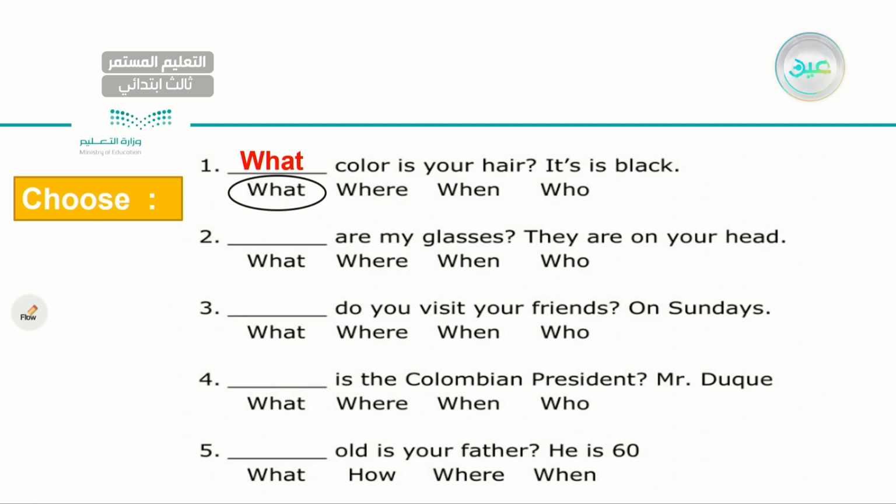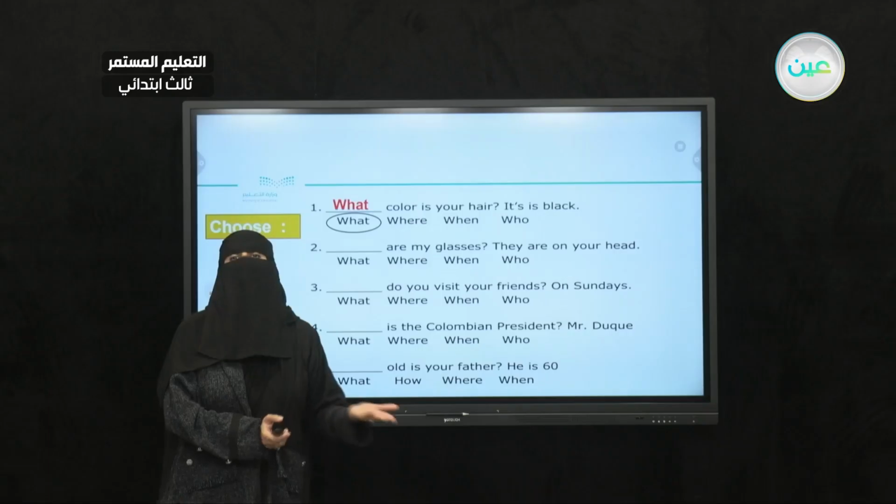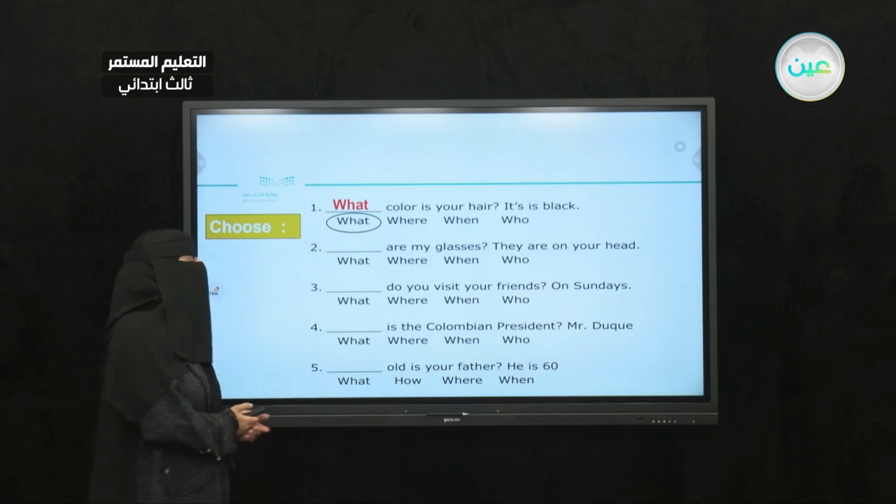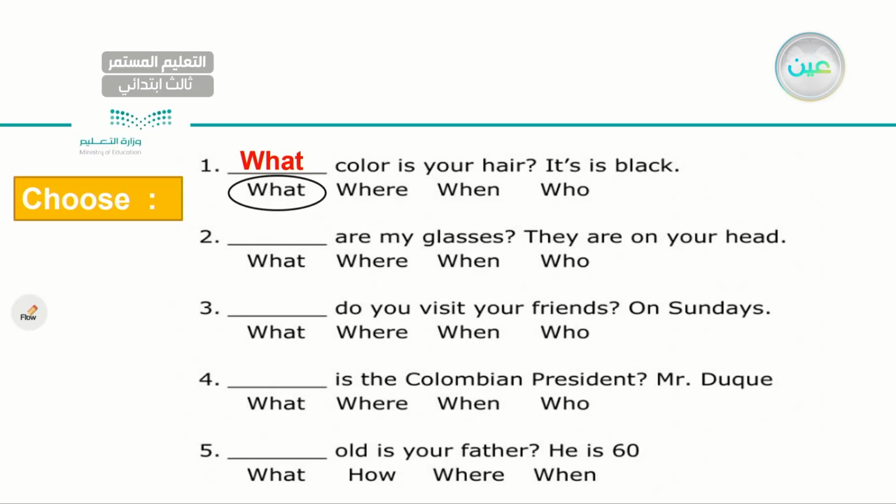So here I locate the place of the glasses. So what do you think? Which WH word are we going to use? What, where, when, or who? The answer is where. So let's read the question. Where are my glasses? They are on your head. Very good, my dear student.